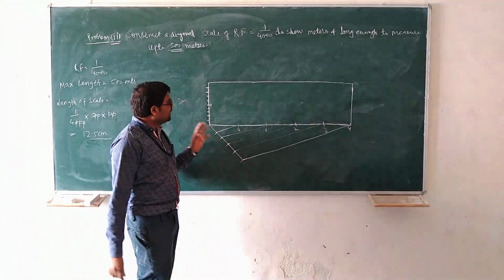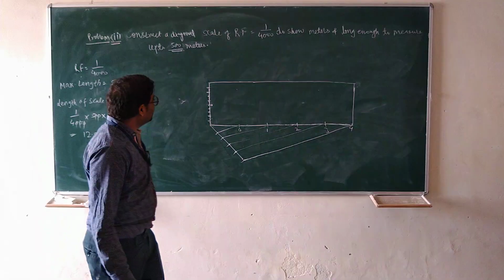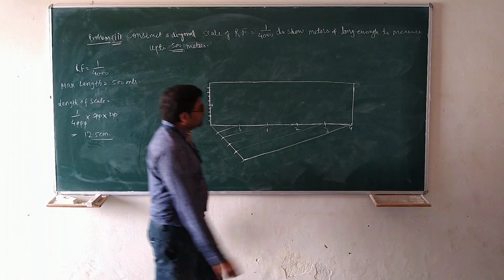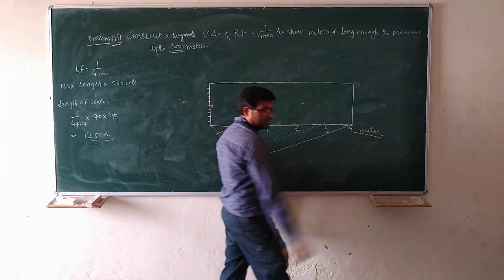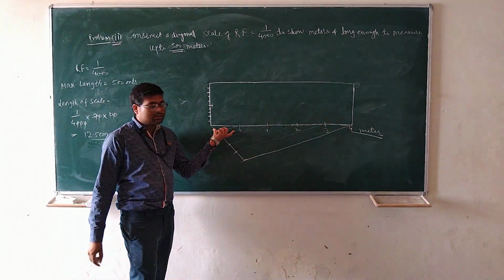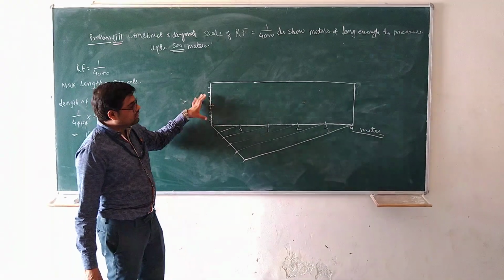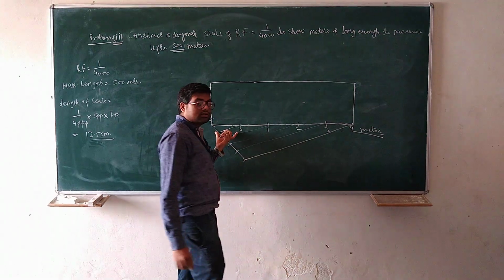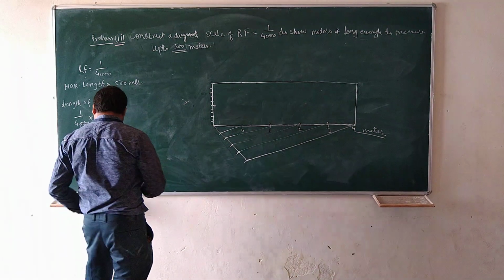Now in the diagonal scale there are 3 units we can measure. The first is the meter, the second part will be the decimeter, and the third part will be the centimeter. So we have to divide the first part into 10 parts. Why?